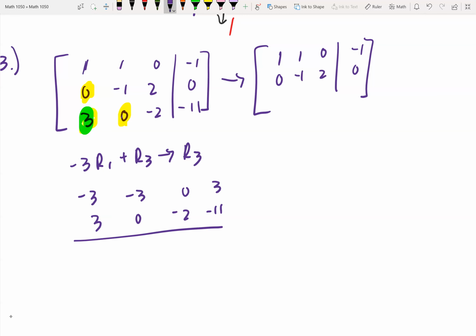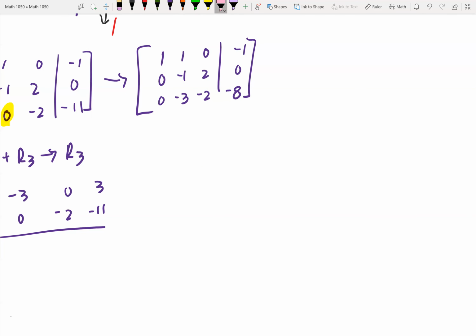Add those together and I get 0, -3, -2, -8. And that stinks because I messed up a 0, but that's okay, I can get it back. So I need a 0 here. So I'm going to go -3 times row 2 plus row 3 becomes my new row 3. So row 1 doesn't change.